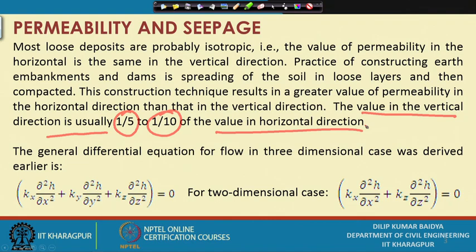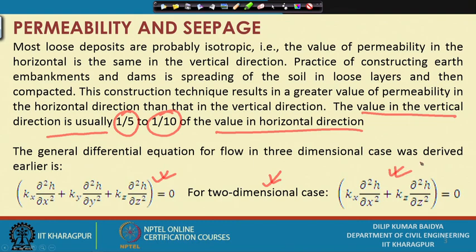That means k x and k y are not the same. The general differential equation of flow we have derived for when k x, k y, k z are not the same; this is the general equation, and if you consider two dimensions, then this is the generalized equation.